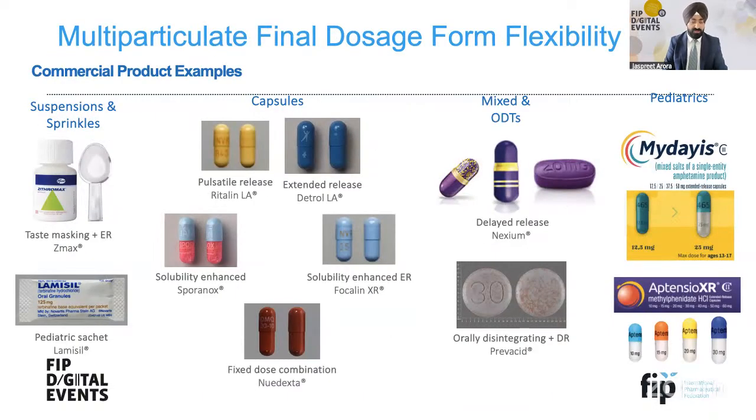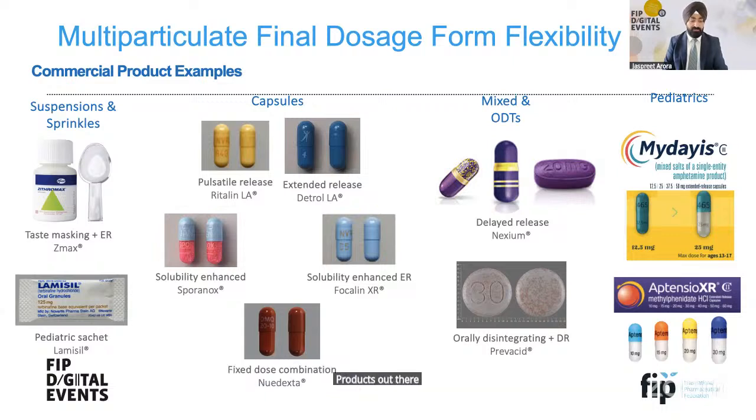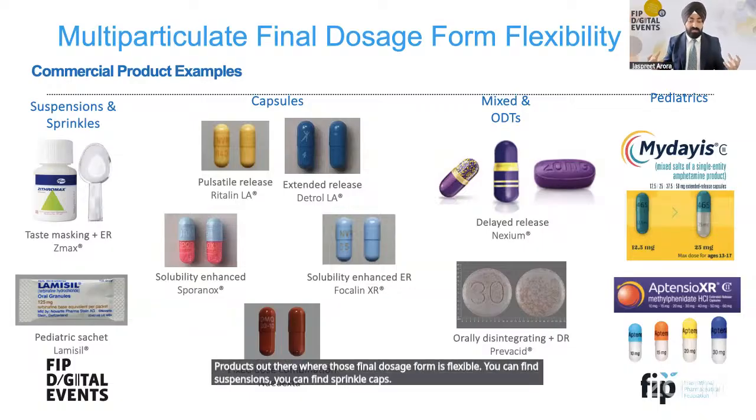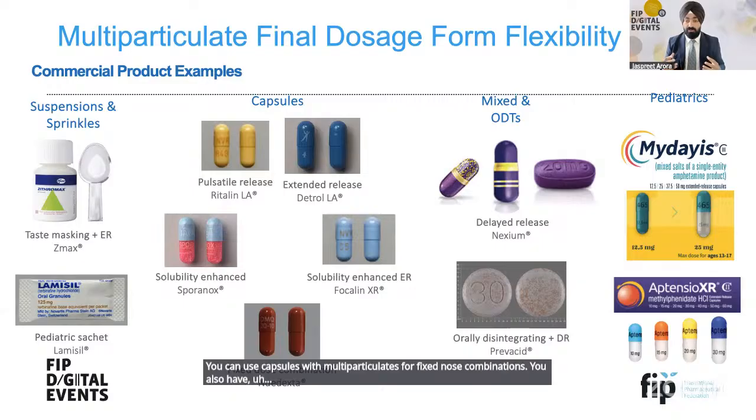Just to show you commercial precedents for multi-particulates, there are quite a few commercial products out there where the final dosage form is flexible. You can find suspensions, you can find sprinkle caps, you can encapsulate one type of bead or multiple types of beads in capsules. You can use capsules with multi-particulates for fixed dose combinations. You also have orally disintegrating tablets.